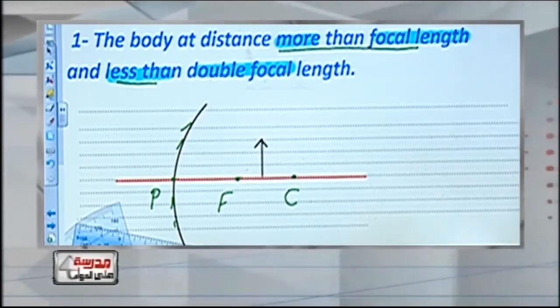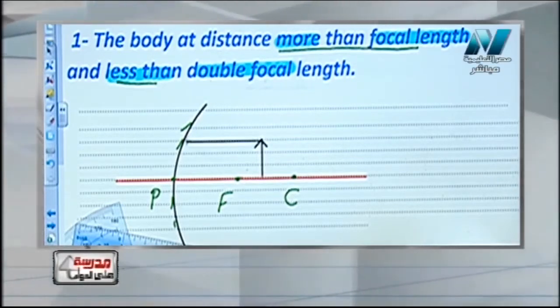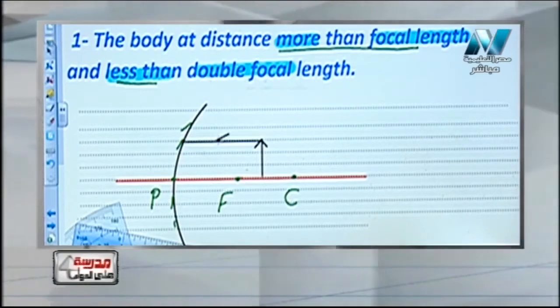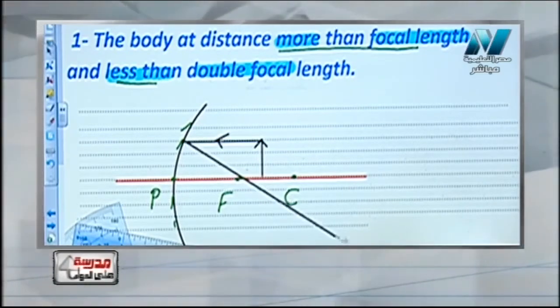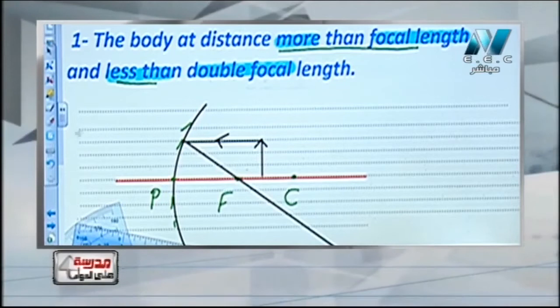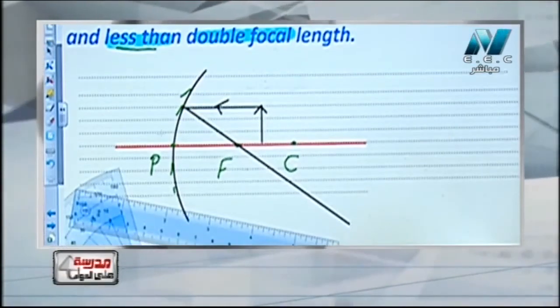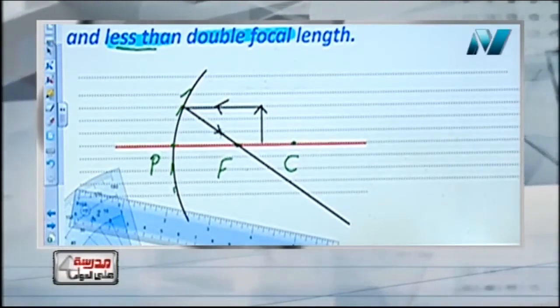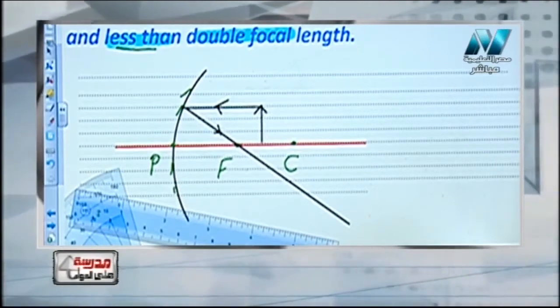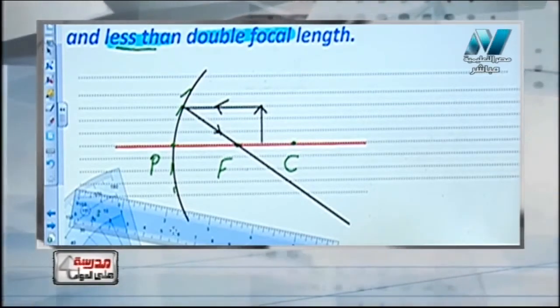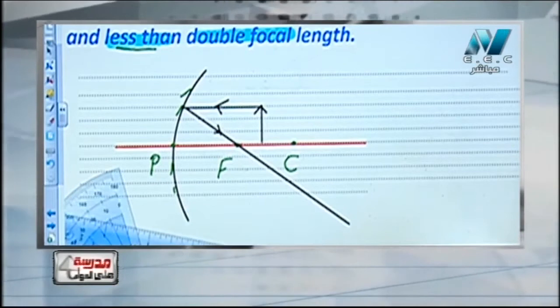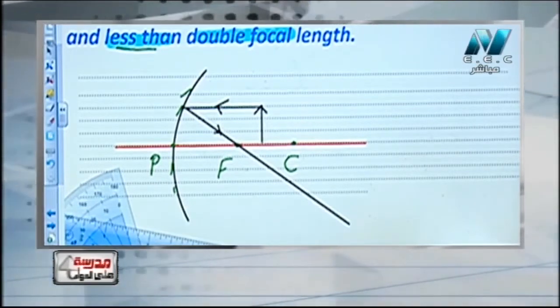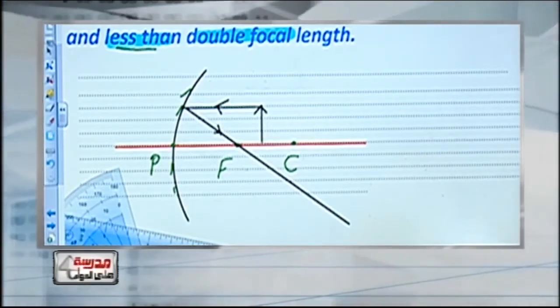Number 1, the light ray falling parallel to the principal axis. In this case, the light ray will reflect through the focus, as we see. And we have another rule, as here the light ray falls through the focus.